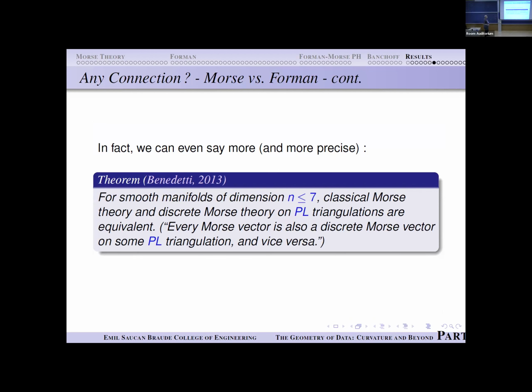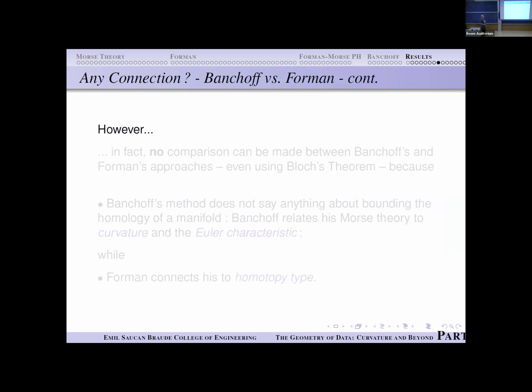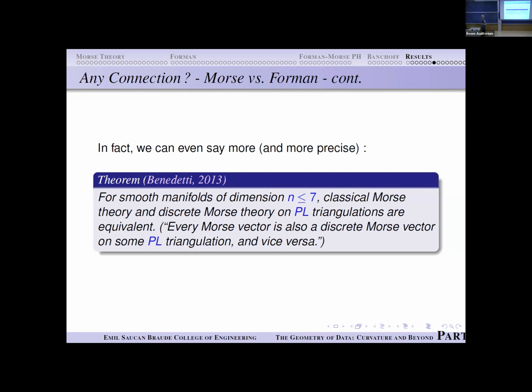And indeed, in dimension 7, classical Morse theory and discrete Forman Morse theory are equivalent, yes? So this is an amazing fact, given the observation that it's very hard to really comprehend what Forman's method prescribes. It's easy to implement it, though, from a computational viewpoint. And dimension 7 should suffice twice over, yes?